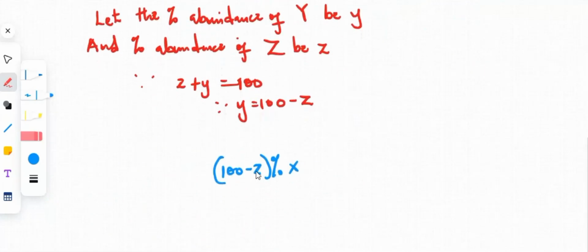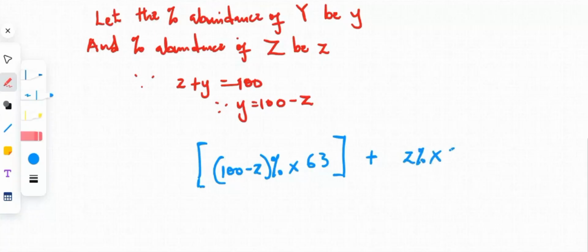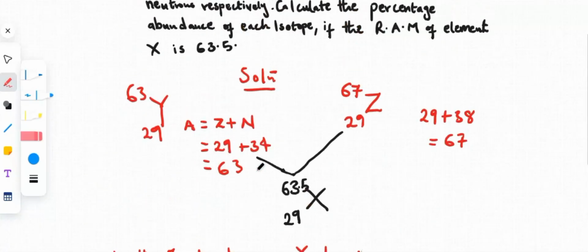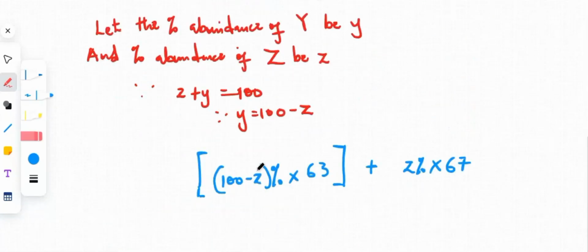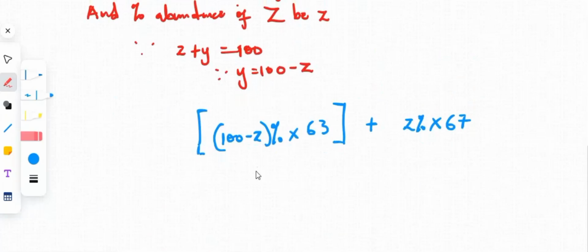So we write times 63, plus our z percent times 67. Remember that the mass number for our z is 67. Then put it in brackets, is equal to our relative atomic mass.